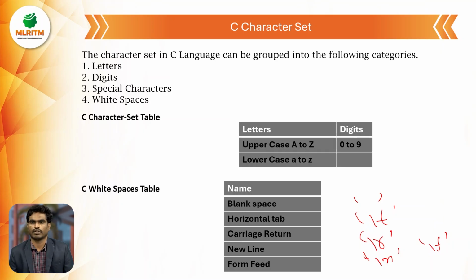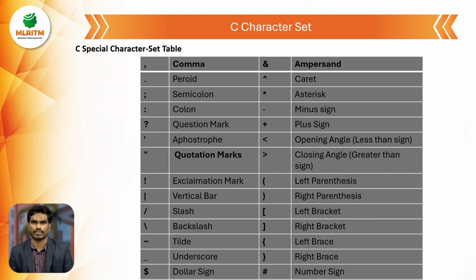Next, horizontal tab is used to give a tab space. Next, carriage return is used to move the cursor to the first line. Next, \n moves the cursor to the next line. Next one is the special character set.